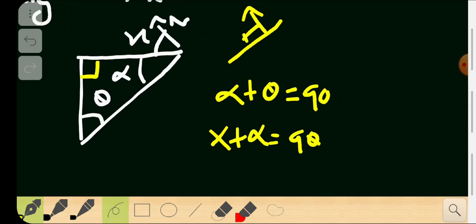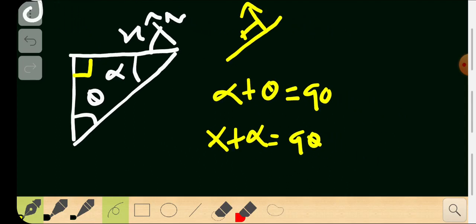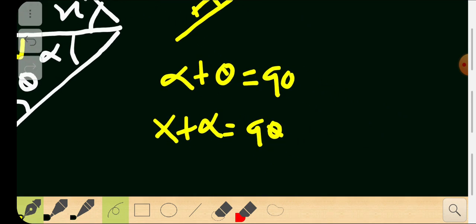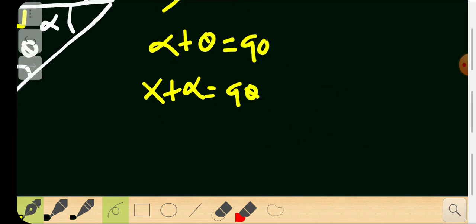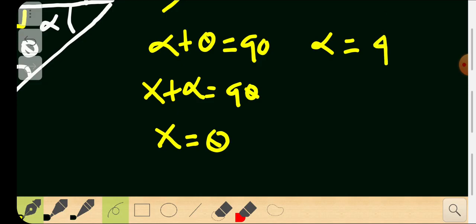Theta is 45 degrees. Substitute the theta value and you get alpha is equal to 45 degrees. Substitute that here and you get x is equal to 45 degrees.